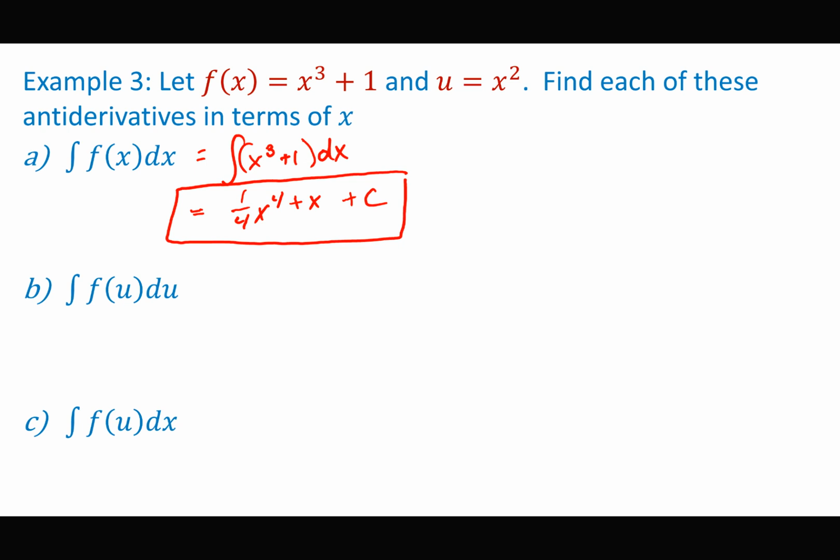If I know f of x and I know u, what's f of u? So say it louder, Layla. Okay. So what are we going to have? And then what are we going to have after that? What's going to go after those parentheses?